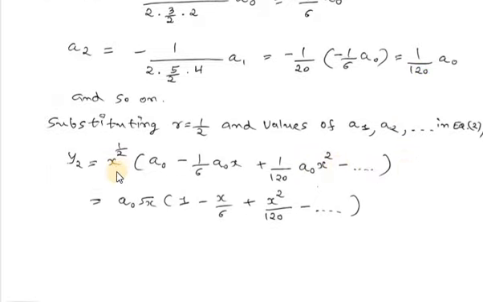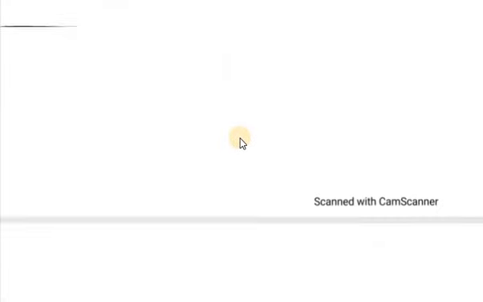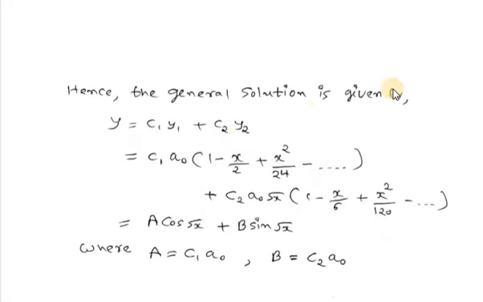Now x raised to 1 by 2 is root x, and taking a0 common, we have into bracket 1 minus x by 6 plus x square by 120 and so on. So this is y2.